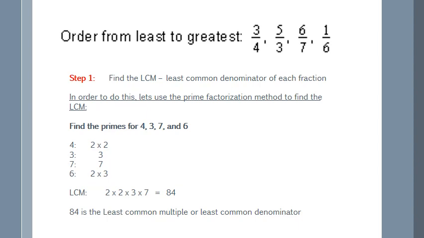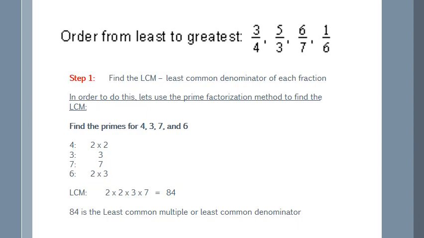We include the first numbers, 2 times 2. Then we look at the next denominator, which is 3. Is there a 3 in our list? No, we're going to add it. Look at the next denominator, 7. Is there a 7 in our list? No, we're going to add it. Then 6. Is there a 2 in our list? Yes. Is there a 3 in our list? Yes. Good. So we have our least common multiple.